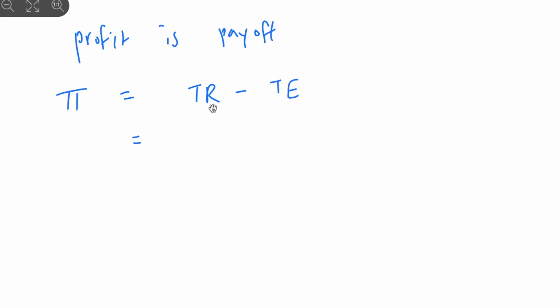And total revenue is described by price times quantity, right? And the total expense is unit cost, the marginal cost, times the quantity, right? So we can sum it up, factor out, and price negative cost times Q becomes the profit.